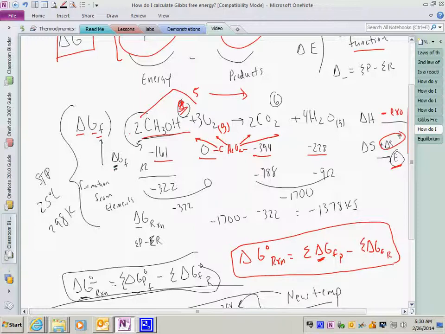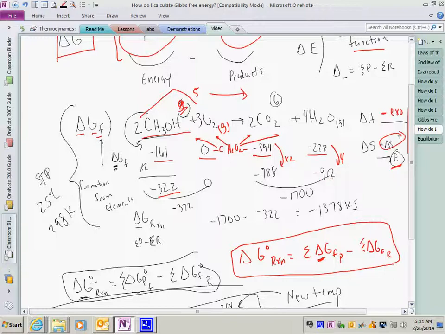All right. So in this case, we have 2 of these guys. This is the amount of energy it takes for 1 mole of carbon, hydrogen, oxygen to make 1 mole of this. So since we have 2 of them, we multiply this times 2, which gives you negative 322. This is still times 0, and then multiply times 2 here, times 4 here.